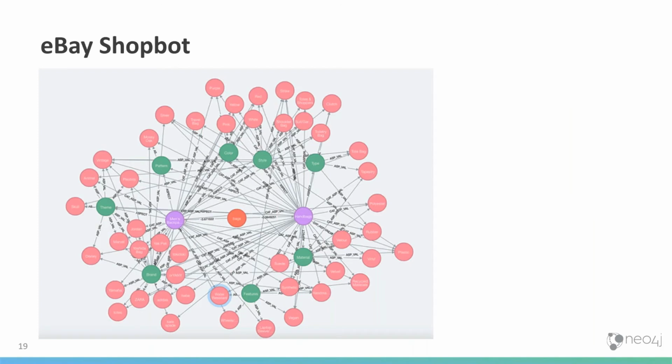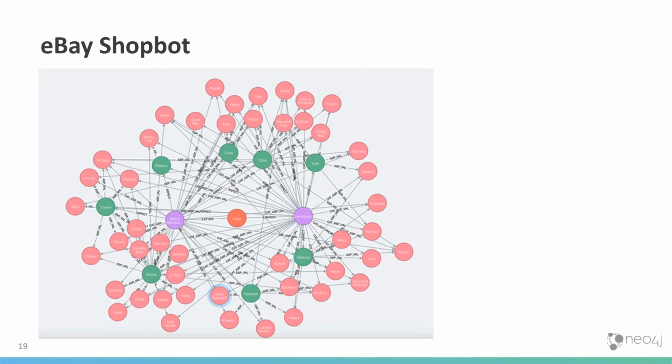And here's a great example of that, the eBay Shopbot example, which is oftentimes what we draw upon. The Shopbot knowledge graph here really has categorization of different types of products. The red node in the middle says bags, and when a consumer comes shopping for a particular type of bag, the first question that Shopbot might ask back is, are you looking for men's backpacks, highlighted in purple on the left, or are you looking for women's handbags, highlighted in purple on the right?